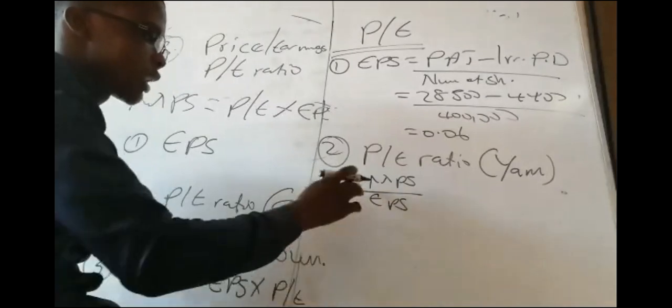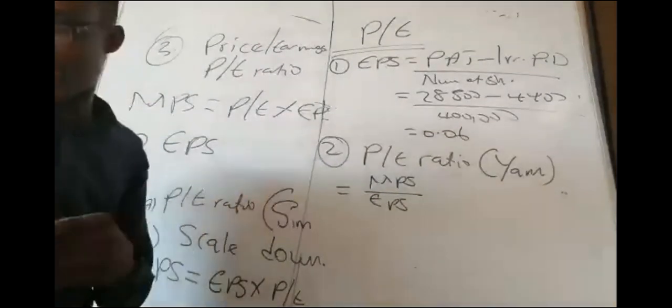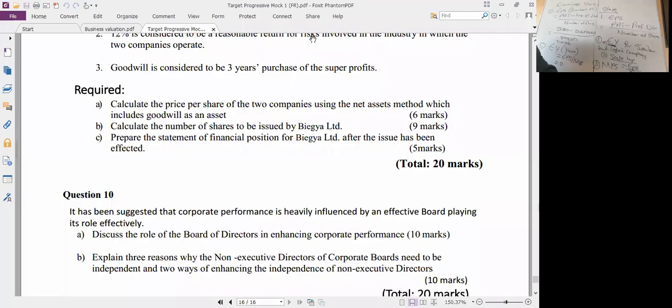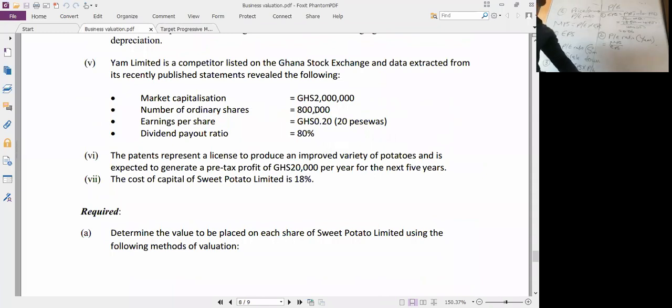The market price of YAM Limited, we have calculated it already. Let's go and pick it again. The market price per share is the market capitalization. Their total market value is 2 million. If they have 800,000 shares, each share will be 2 million over 800,000, and we have 2.5.